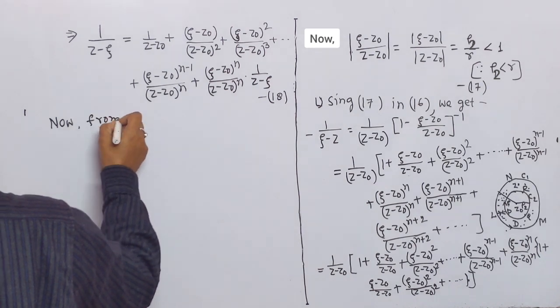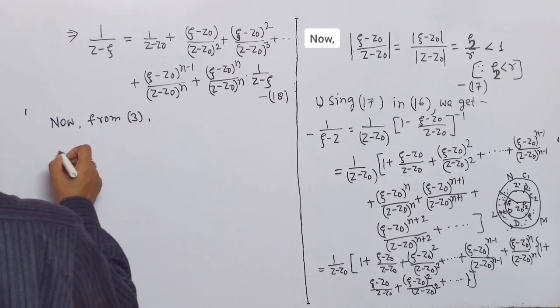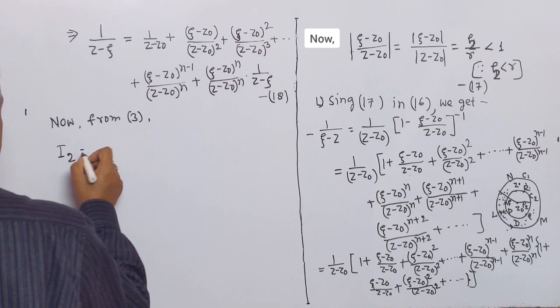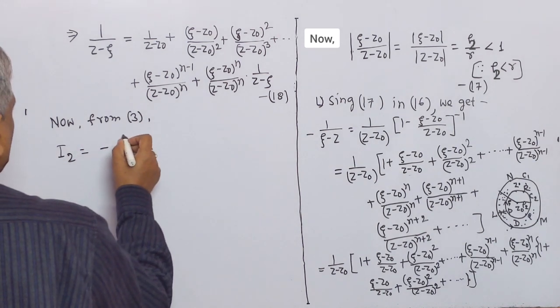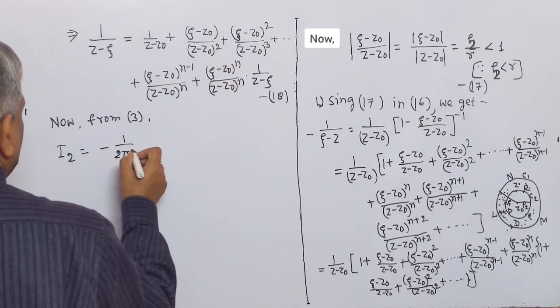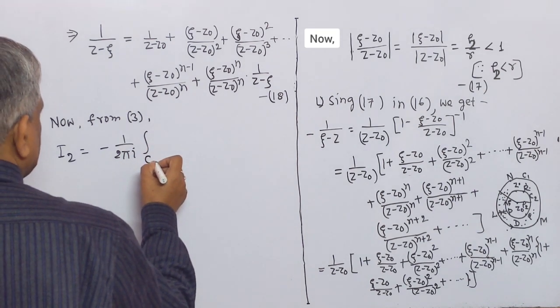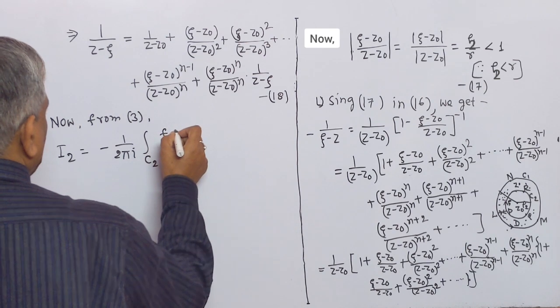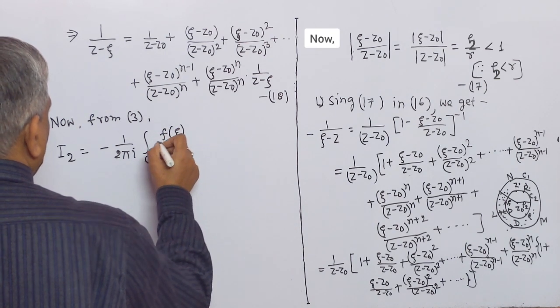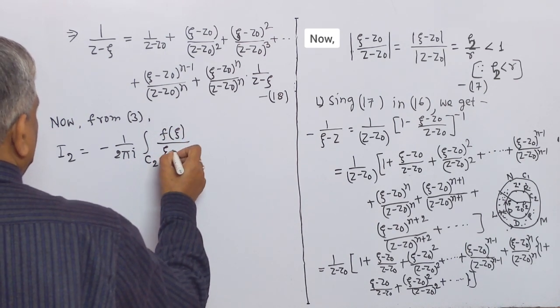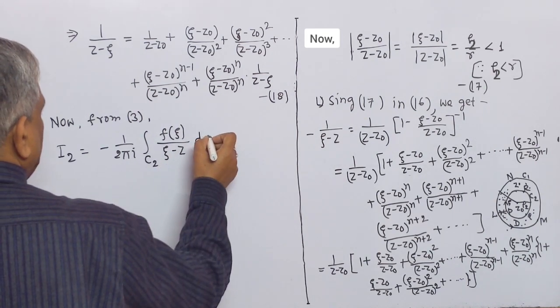Now from 3, I2 equals minus 1 by 2 pi i, integration along the circle C2 of function of xi by xi minus z d xi.